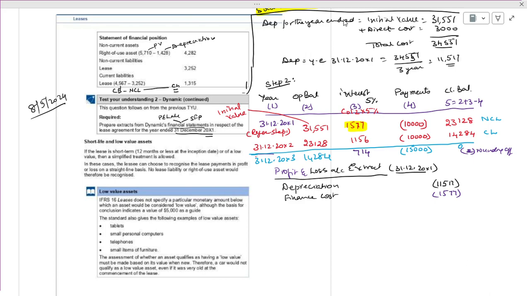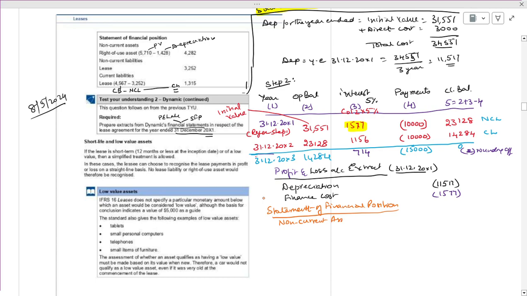The second part is we have to show the statement of financial position. In the statement of financial position, first you have to show non-current assets, then current liability. Is it right?